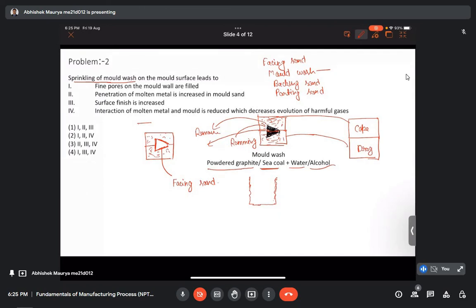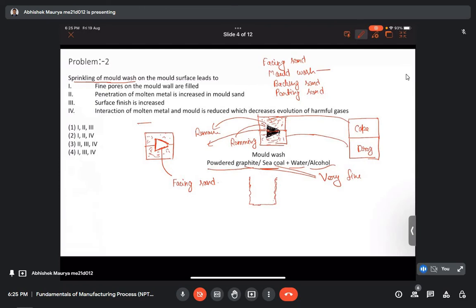Mold wash is powdered graphite or sea coal. Basically they are very fine in shape. Sometimes they are just directly sprinkled on the walls of the mold, but sometimes they are added with alcohol or water.